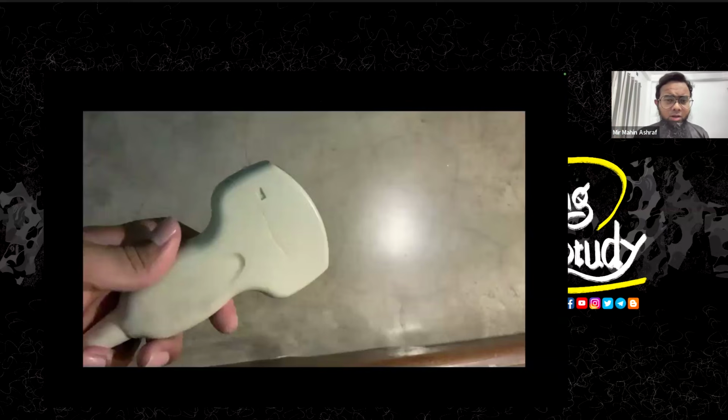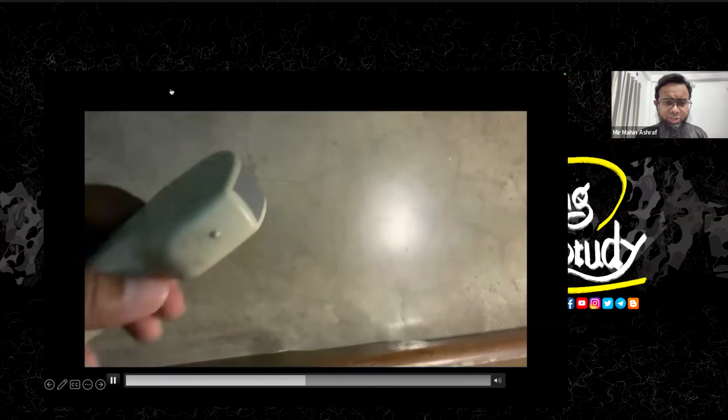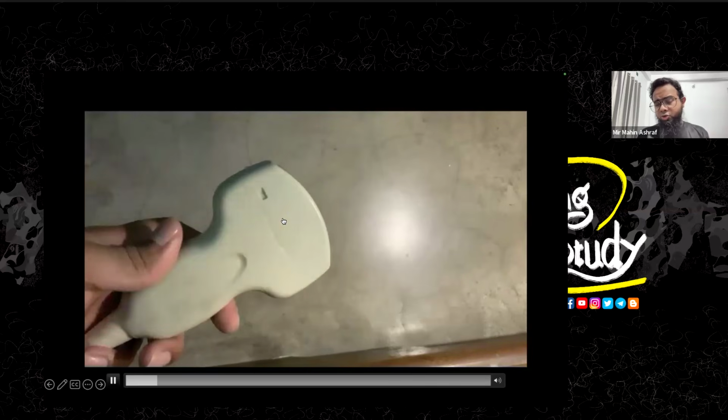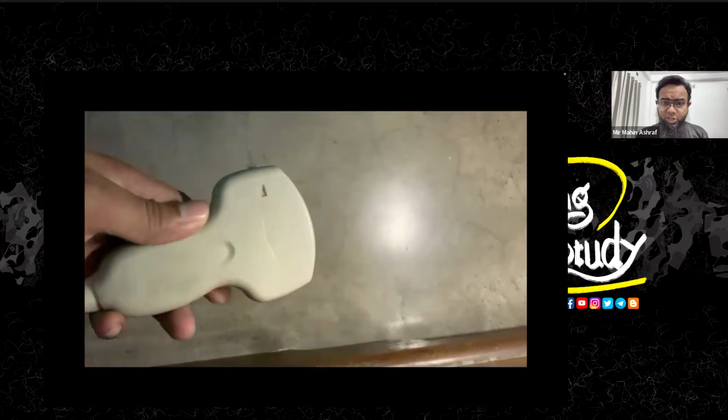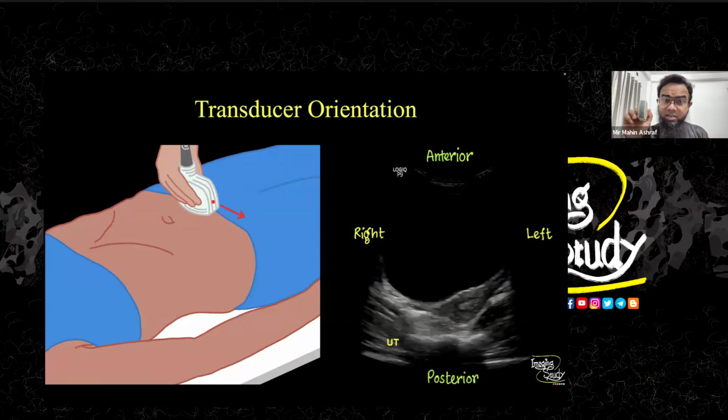Okay, so the transducers have a pointed portion, which is called the indicator. It is important to put the indicator in proper direction to understand the orientation of the picture. So when you are holding the transducer, you are holding it in a transverse section.